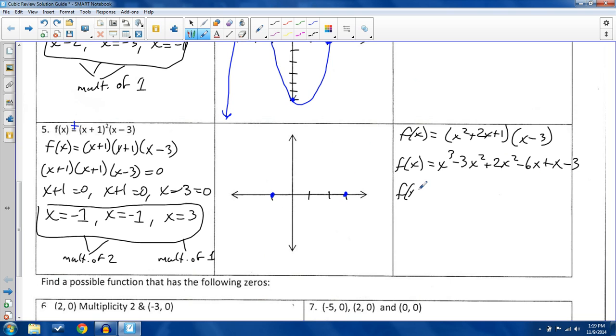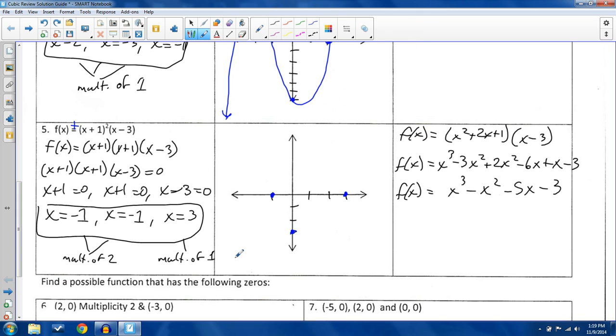Combine like terms. I get x cubed minus x squared minus 5x minus 3. There's my final answer in standard form, but the most important feature that I really needed was that -3. This is my y-intercept for this graph over here. So now I know where this crosses the y-axis when it graphs. So again, it's a positive.